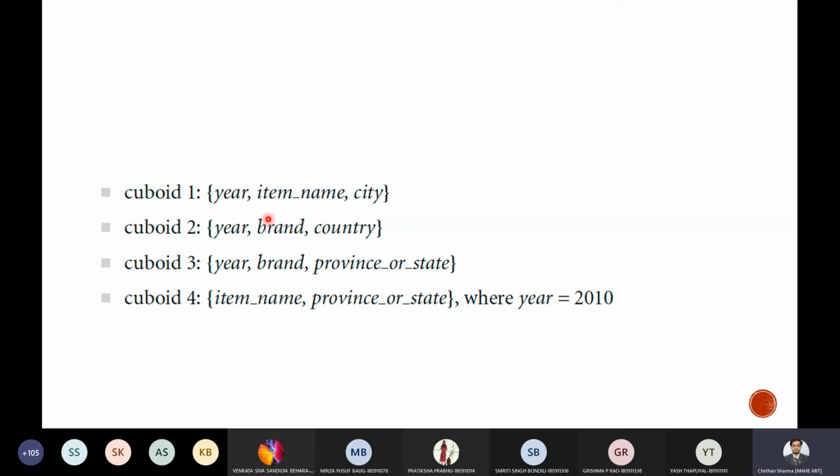So if there are not many year values, like in the state there are not many year values, but there are many item names available for each brand, then maybe Q3 will be a smaller cuboid when compared to Q4. So in this case, when there are not many year values associated, but there are several item names associated with each brand, then Q3 would be a better choice than Q4.